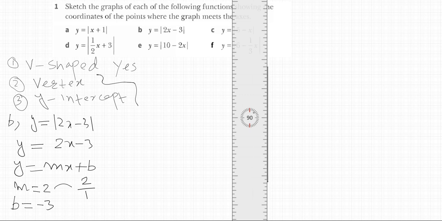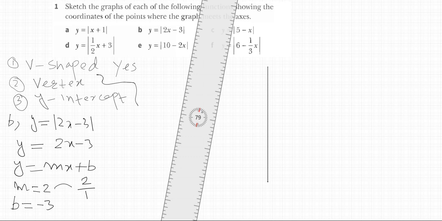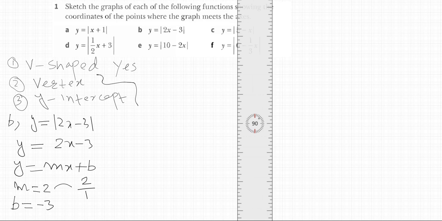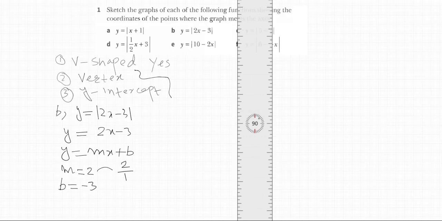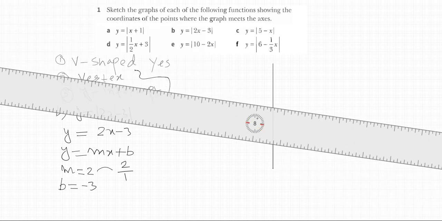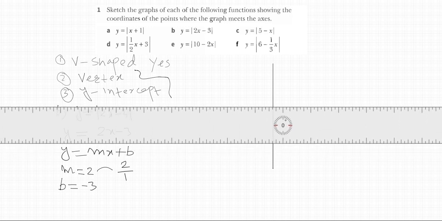This is our y axis. And this is our x axis.